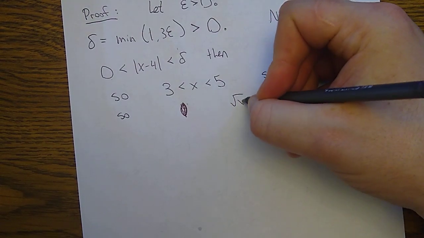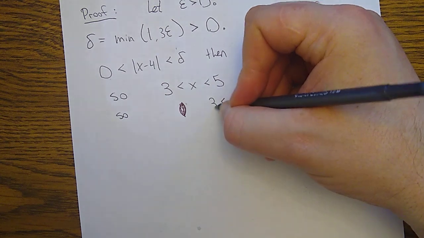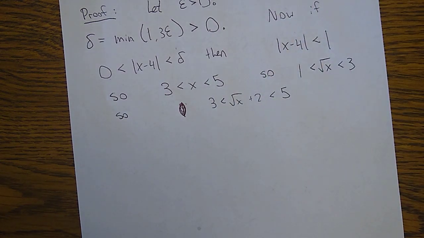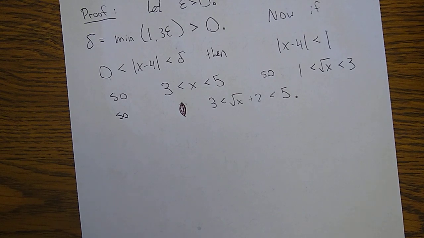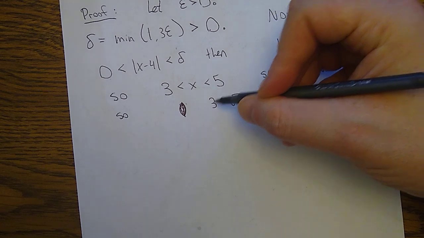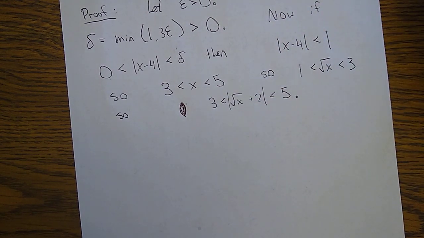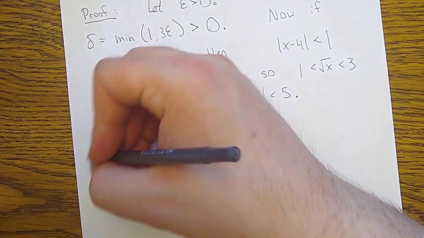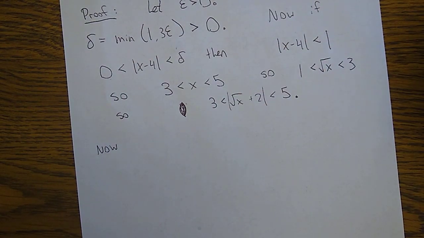So the square root of x plus 2 is between 3 and 5. And this is a positive number anyway. It's between 3 and 5, so actually putting absolute values wouldn't even change anything. And that's what I needed.